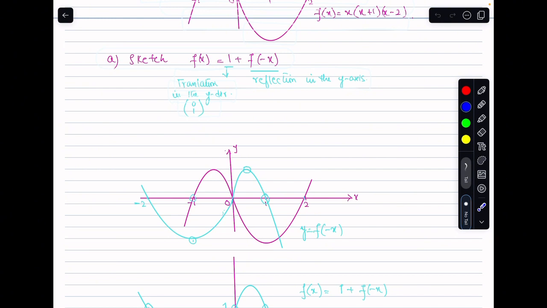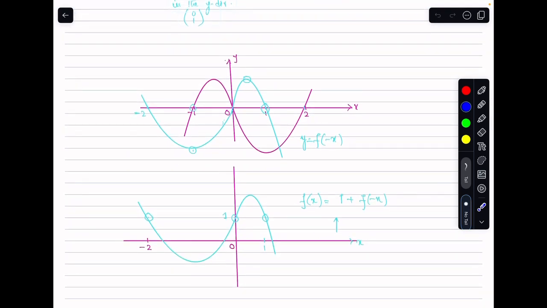What I can see here is that this graph should get reflected in the y-axis so that I have drawn the sketch over here. This point gets reflected in the y-axis. Again, the minimum point gets reflected in the y-axis, so this point comes here. The whole of this graph, reflected in the y-axis, can be sketched on the other side in blue so that I know that after reflection, the graph has come to be of this shape.